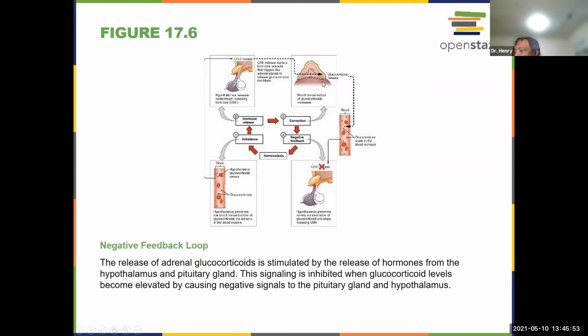As the levels of glucocorticoid increase, more glucocorticoid is released, and that's all in the blood. But then there's a point where glucocorticoid, when it gets to a certain level, will act as an inhibitor to the CRH being released. So it'll actually block it. There's a receptor on the hypothalamus that will block that part.